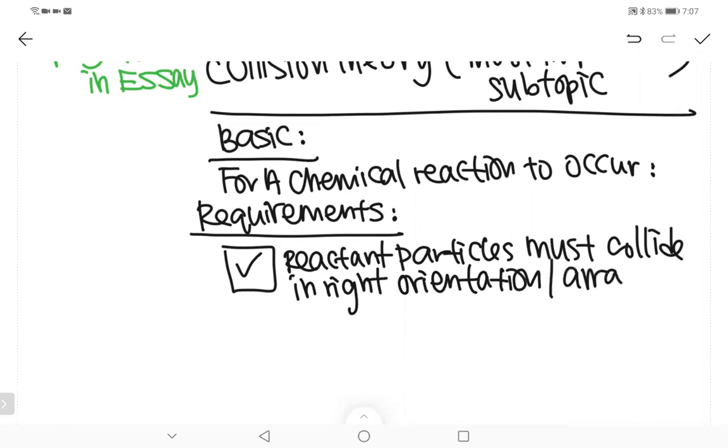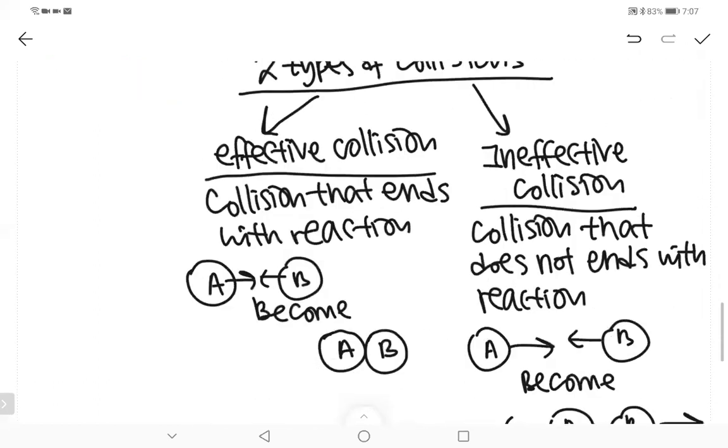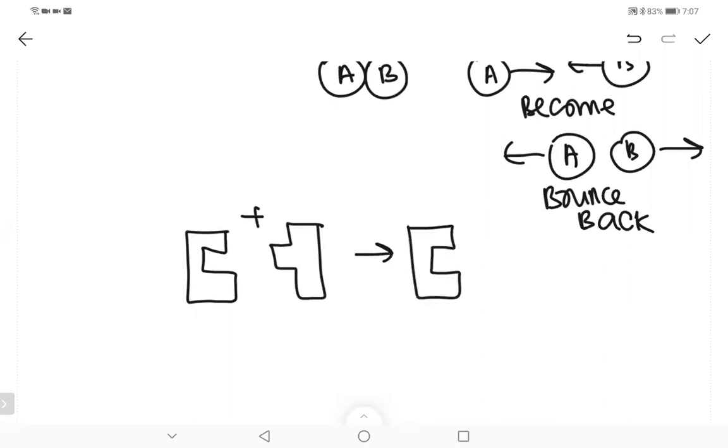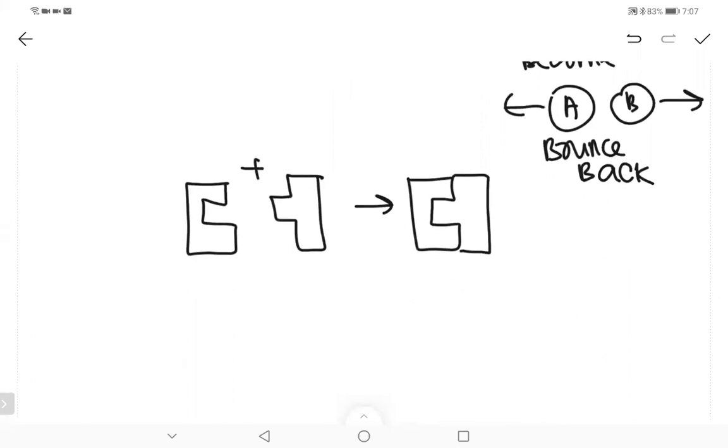So what do we mean by a right arrangement? Example, everyone, look at here, all right? So let's say if I want this particle A and this particle like this to react to become this, okay? So if I want to get this, they must collide in this arrangement.